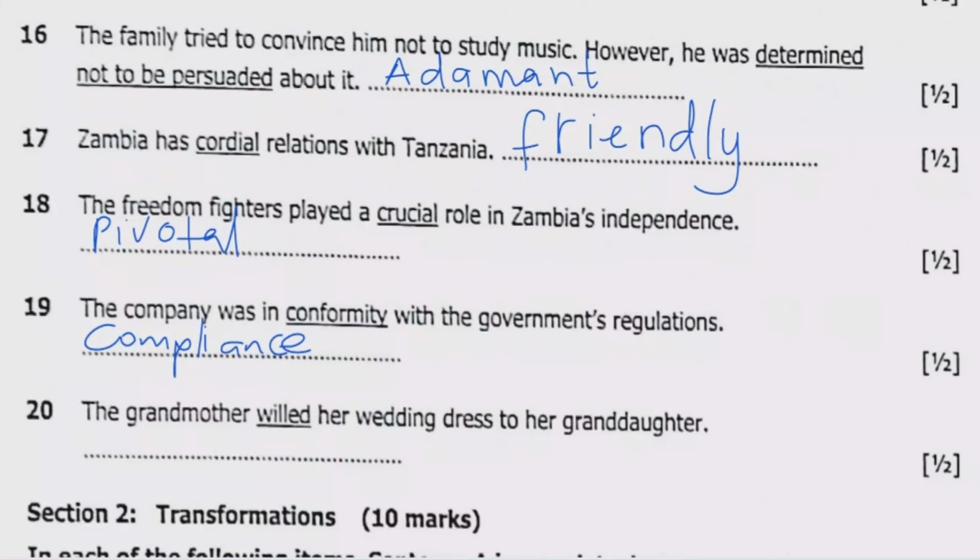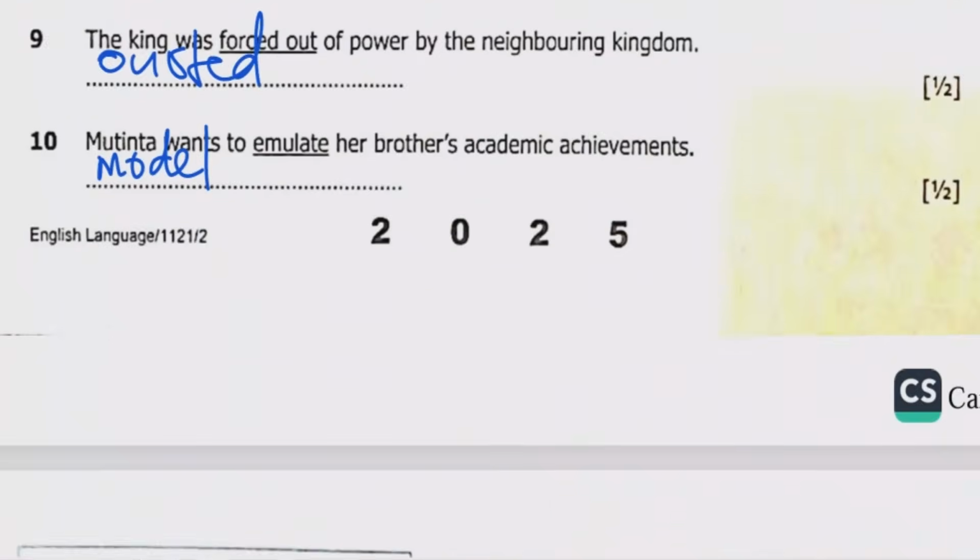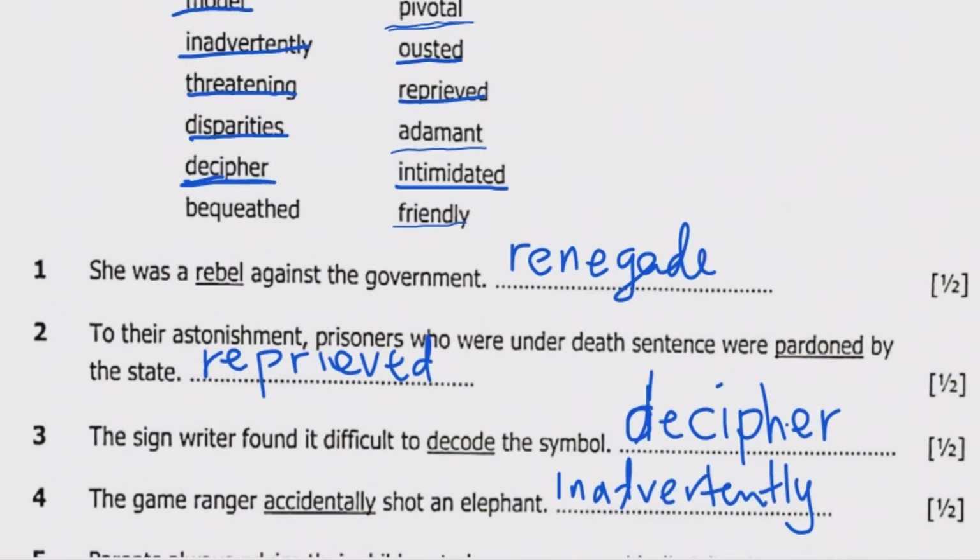A will is a document that states how things of the deceased will be left, who is going to be in charge, and how they are going to be shared. You pass on the wealth you have to others. So the word that means pass on, the mantle, whatever you are giving, is bequeathed.